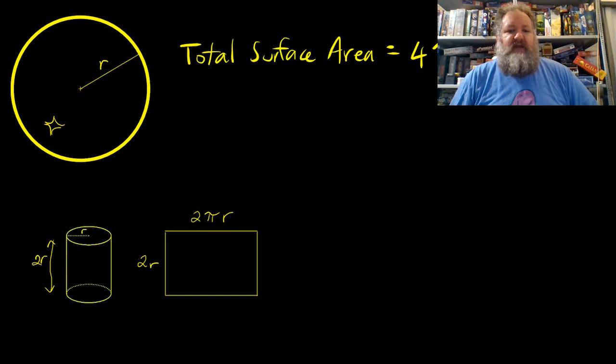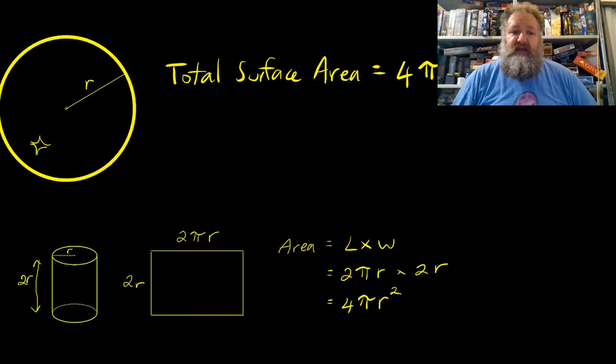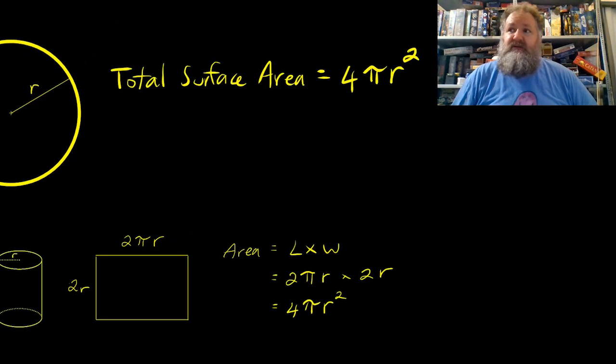Now, because we have a rectangle, we can just find the area, the length times the width. So it'll be the length, the 2 pi r, multiplied by the 2r, and when you multiply that, the 2 multiplied by 2 gives you 4. There's our pi, and r times r is r squared. So yeah, the total surface area of a sphere is equivalent to 4 pi r squared.